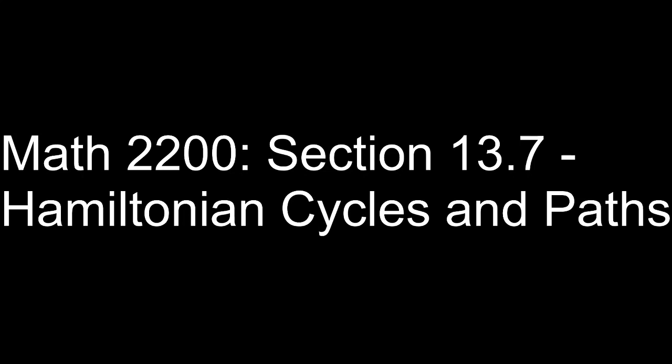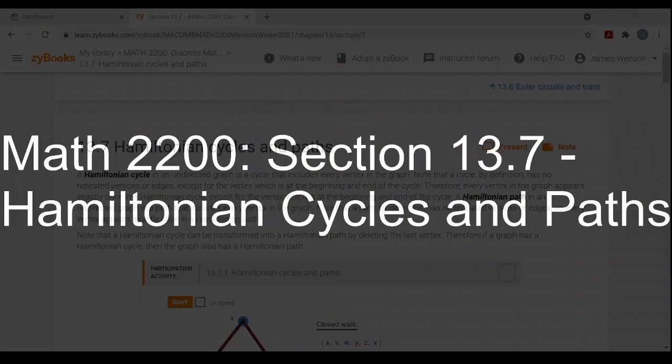You'll see that these Hamiltonian cycles and paths are going to be cycles and paths that use every vertex in the graph exactly once, except for the cycles where your beginning and end vertex will be the same because it's a closed walk, but every other vertex is used in the graph exactly once. And it doesn't have to use every edge like in those Euler circuits and trails, as we'll see.